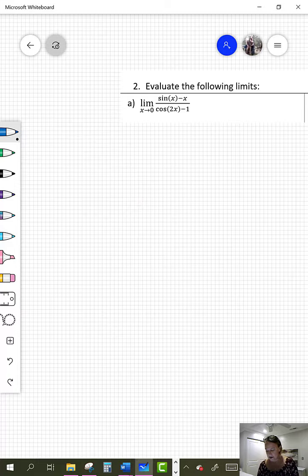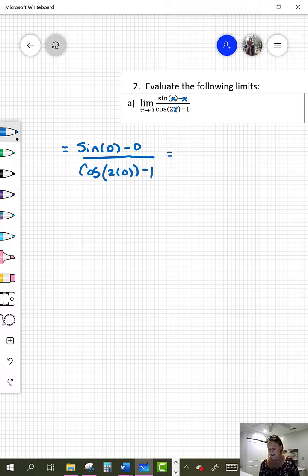If we plug in 0 wherever we see an x, we get sine of 0 minus 0 all over cosine of 2 times 0 minus 1. Well, sine of 0 is 0, and so 0 minus 0 gives us 0 in the numerator, all over cosine of 0, which is 1, and 1 minus 1 gives us 0 in the denominator.